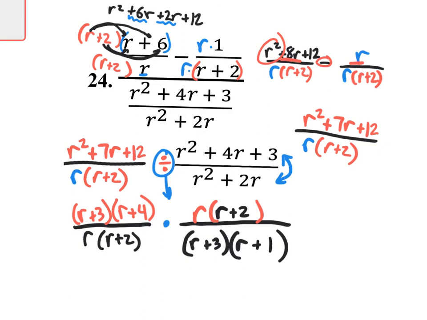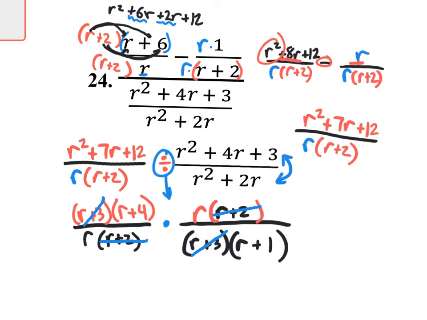So now I've changed the division to multiplication. I've factored everything. Now that I have pure multiplication, I could cancel anything that I see alike on top with the bottom. As you can see, there's an r plus 3 up on the top left. There's also an r plus 3 on the bottom right. There's also an r plus 2 on the bottom left with the r plus 2 on the top right.